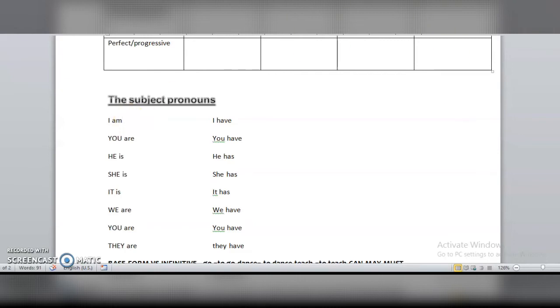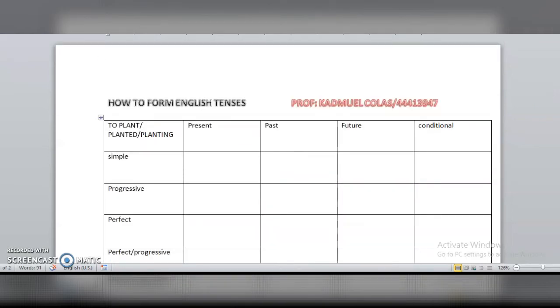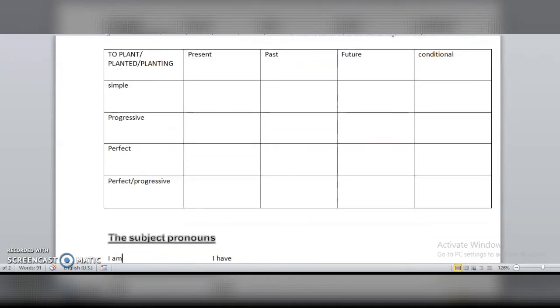Right. Good. Right now, I get the simple present tense. Good. So to form the simple present tense, you are not going to use the infinitive, you are going to use the base form. That means the verb without to. Right. So I'm going to add first the pronoun.